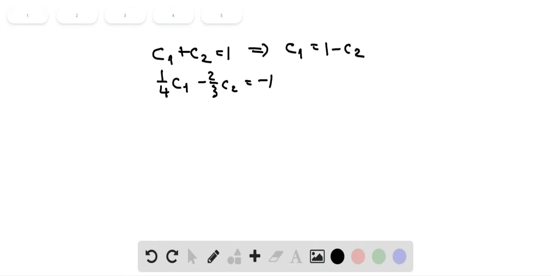From here, we can see c1 equals 1 minus c2. I'm going to replace this in the second one.